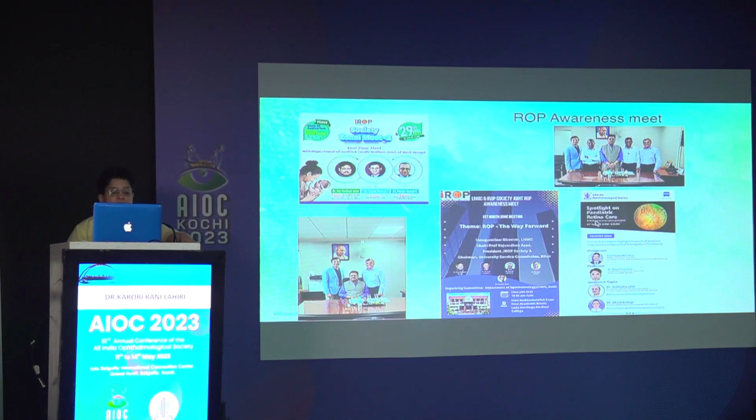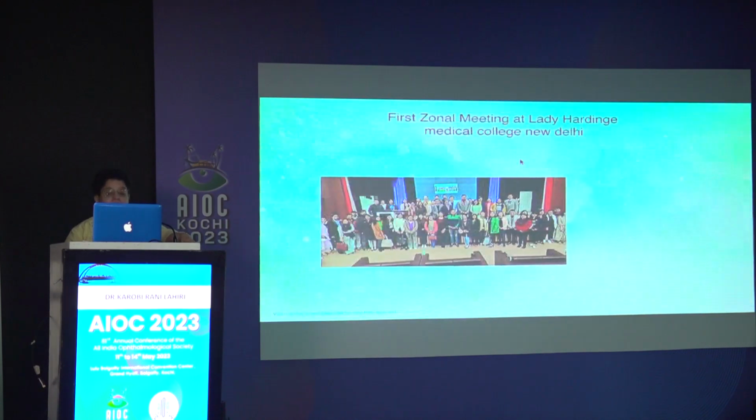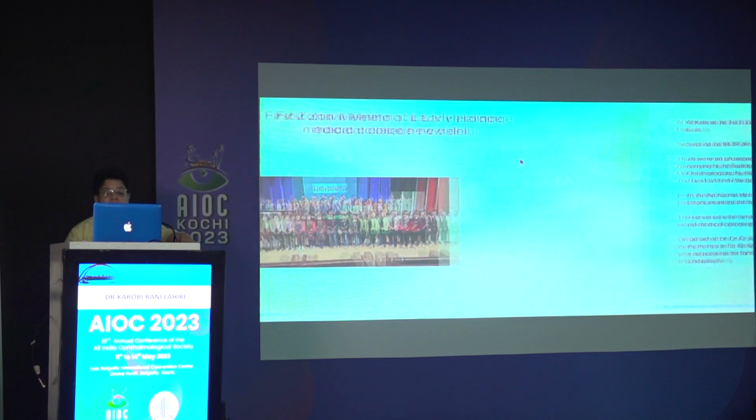Then Dr. Anand and Dr. Rajvardhan Azad have started this awareness activity by going to different states of India, and they have already had 2 meets, one in Delhi and the other at Calcutta. So this was the first zonal meeting at Harjanj Hospital Medical College, again to increase the awareness.